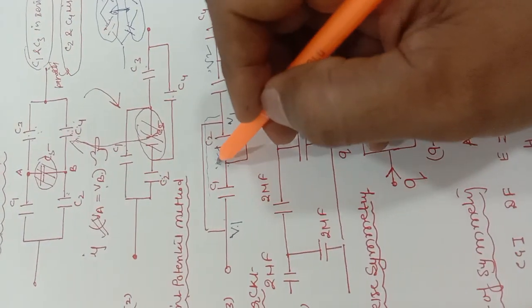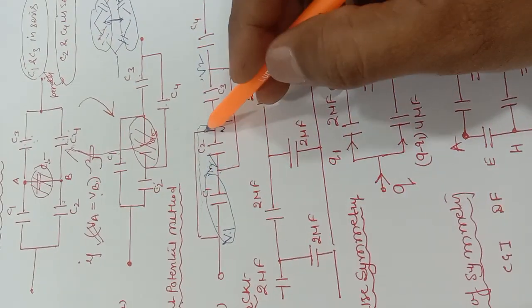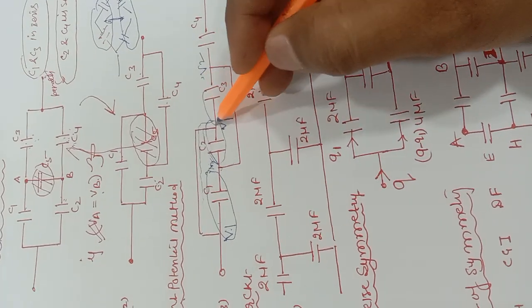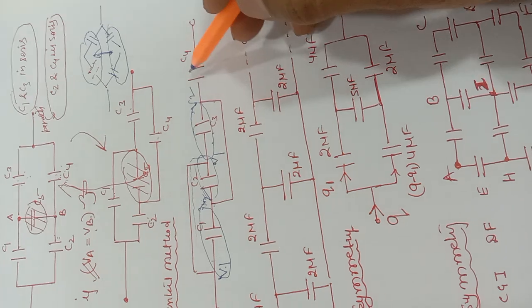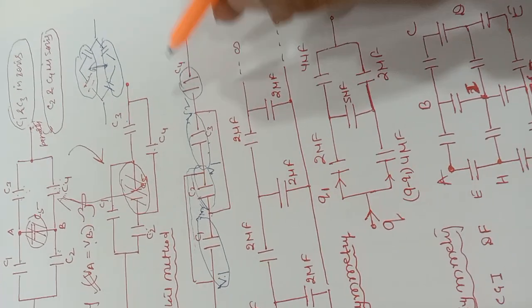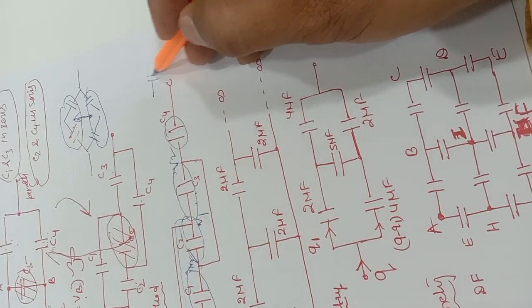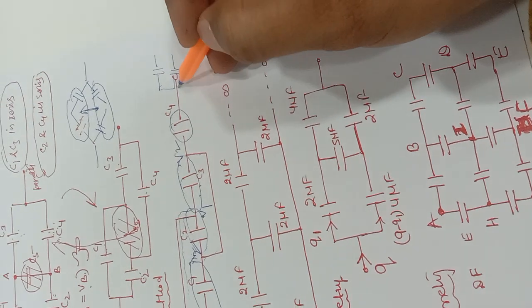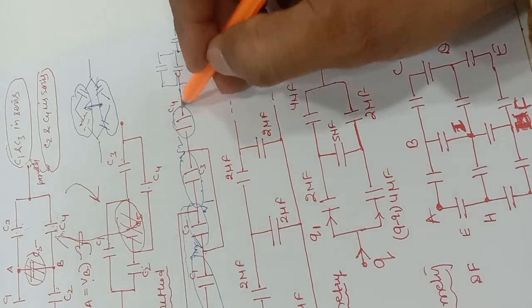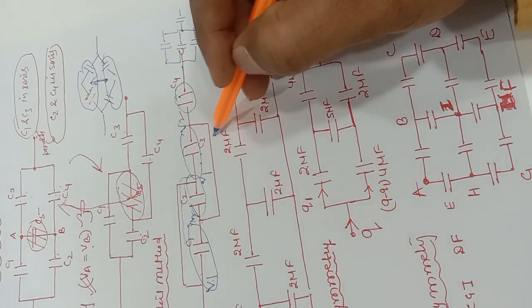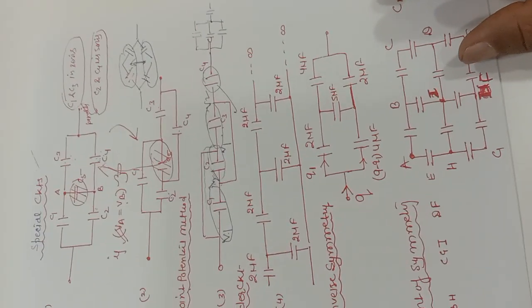In that way we get V1 minus V2, V1 minus V2 and V1 minus V2. These three are in parallel, and this combination will be in series with C4. Through this way we can calculate this type of capacitor arrangement.